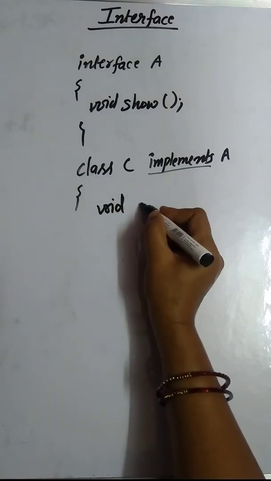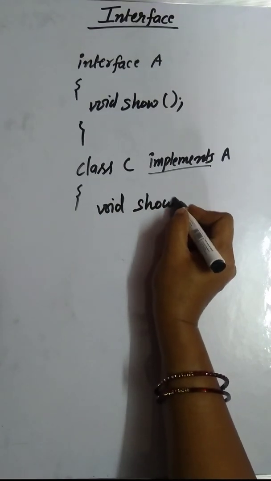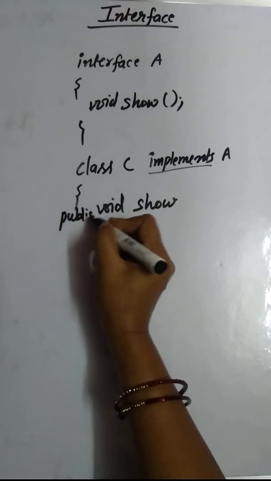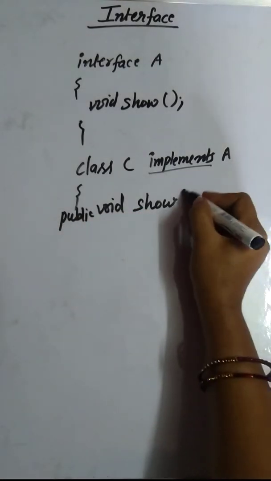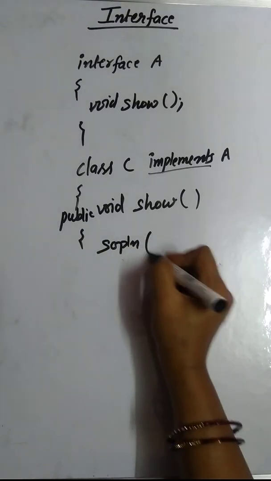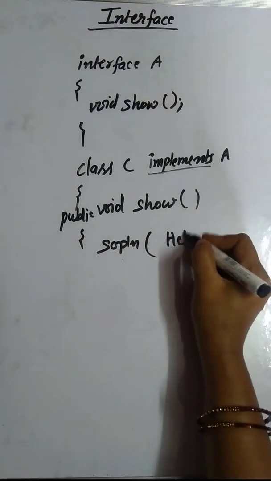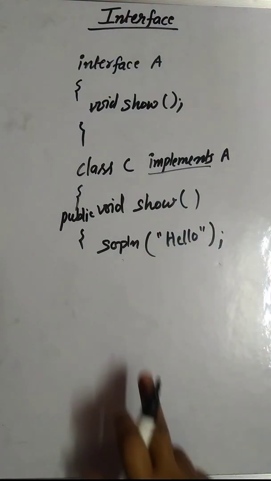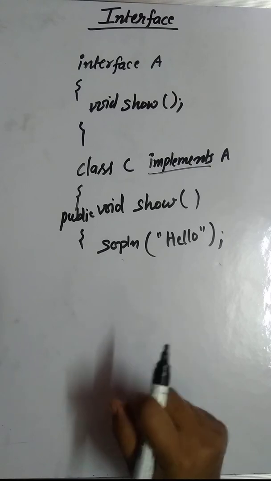After this, we define public void show, and in this function we use a SOPLN statement to print hello.